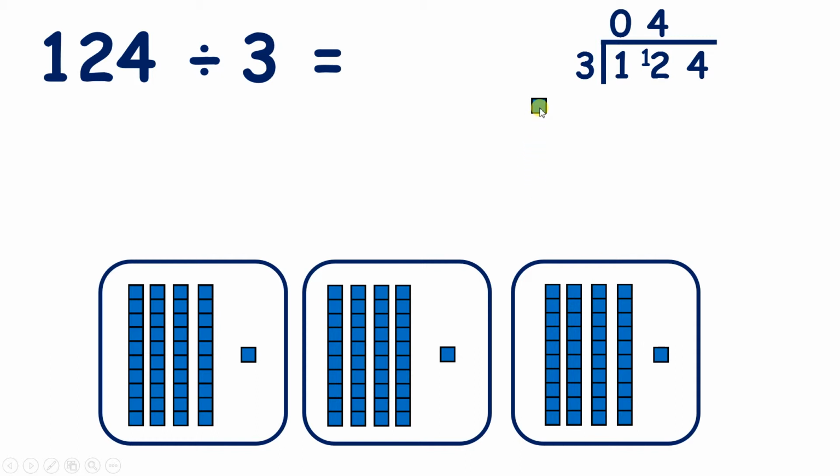But we can't share out our 4th unit because with division we need to share equally. So 4 divided by 3 is 1 remainder 1. So we can write 1 above our units, and then we have 1 remainder which we can't share out. So 124 divided by 3 is 41 remainder 1.